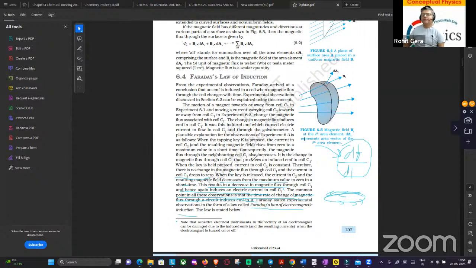The fact that you can generate electromotive force. तो जो जनरेटर्स होते हैं, हमारे घर में जो बिजली आती है सारी की सारी is based on this.